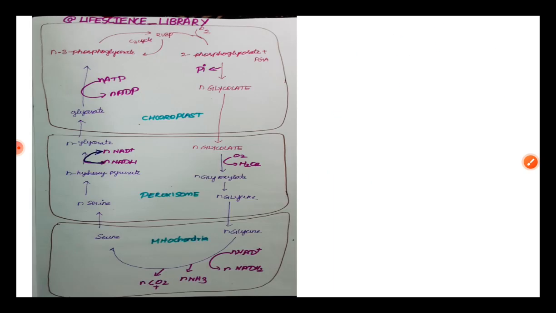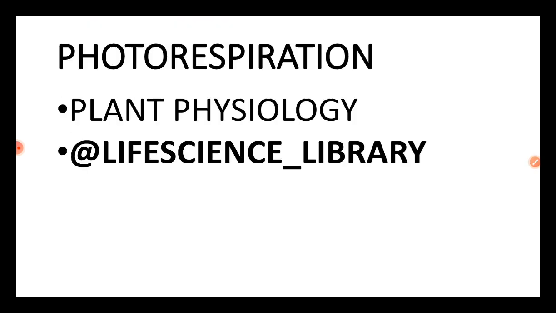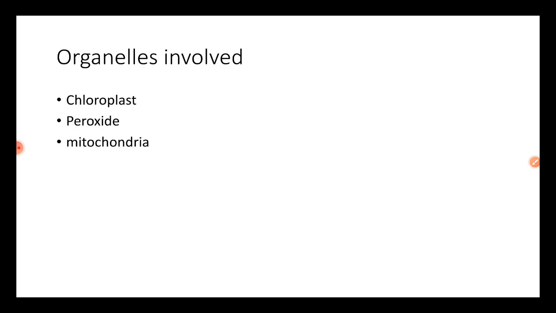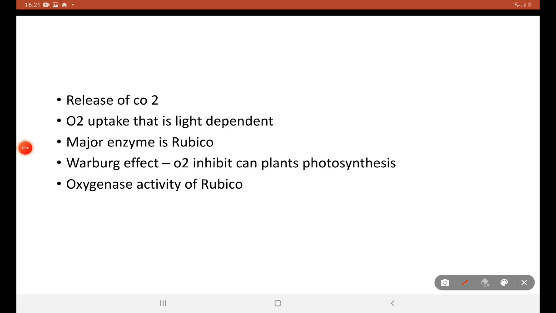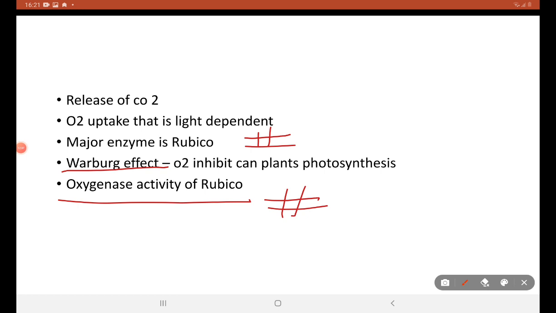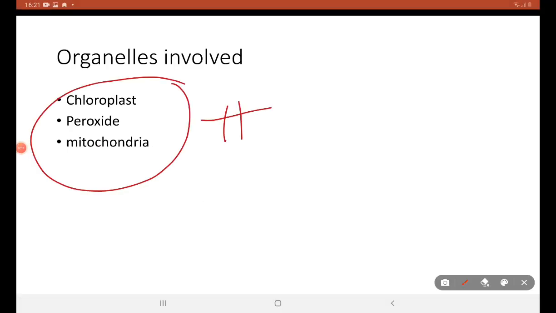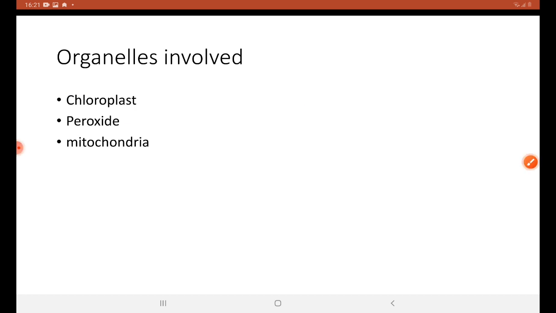These are the basic details and the clear-cut explanation about photorespiration. Now we have seen what is photorespiration, what is the Warburg effect, a previous year question, the oxygenase activity of Rubisco, a previous year question, the organelles involved, a previous year question, and the components formed in each organelle, a previous year question in case of the CSIR exam.